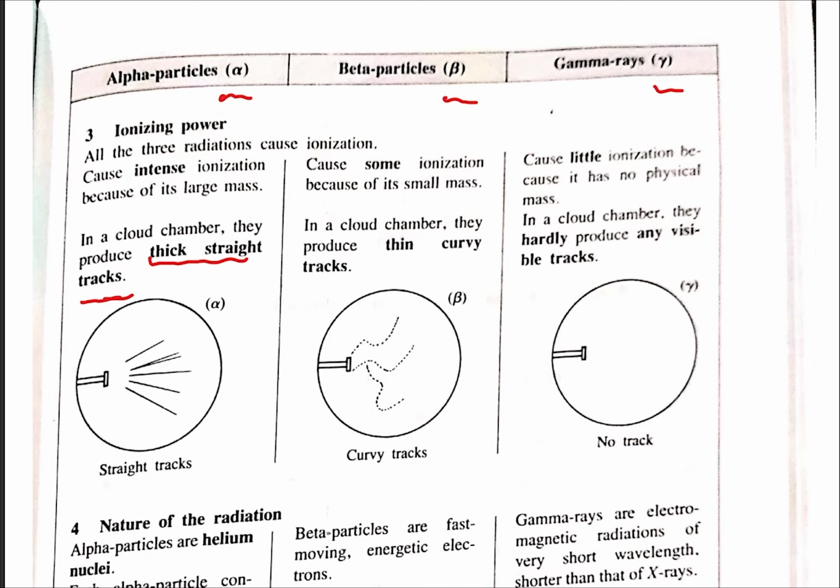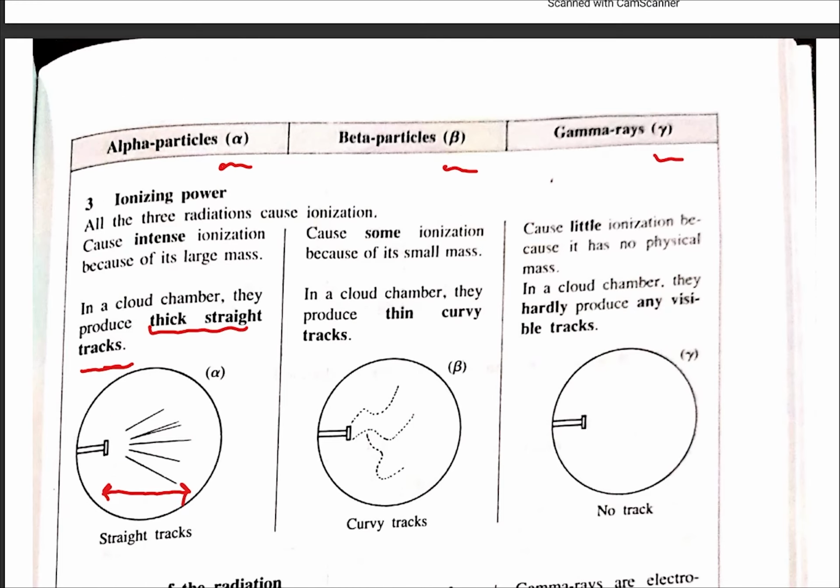You're supposed to remember this: if the examiner asks you in P1 what the output of the cloud chamber may look like if we had alpha radiation, it would be a thick straight lined track, which of course has a small range. So this travels a very small distance. Alpha has a small range, and the reason is its size.